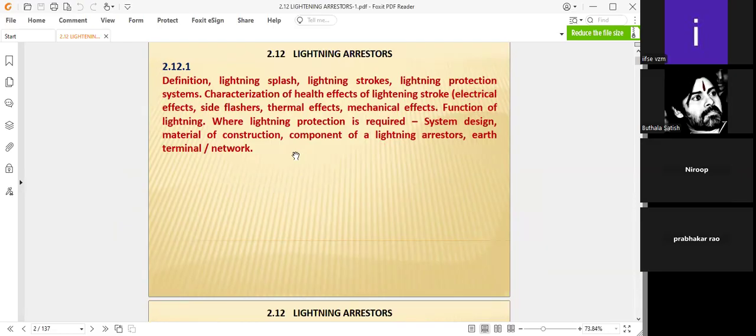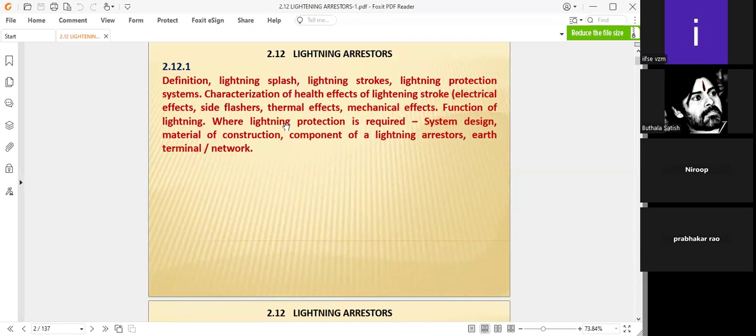Today we are talking about lightning arresters, where in 2.12.1 we cover the definition, lightning flash, lightning strokes, lightning protection systems, characterization of health effects, lightning stroke, electrical effects, side flashes, thermal effects, and mechanical functions.